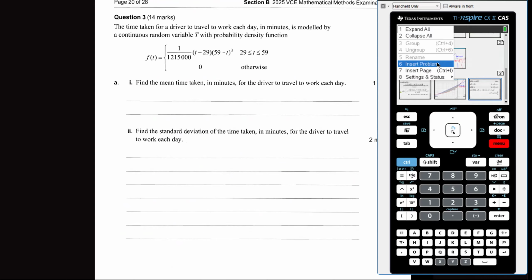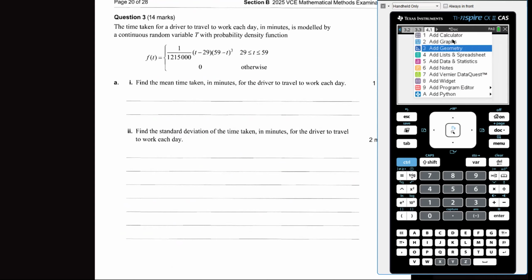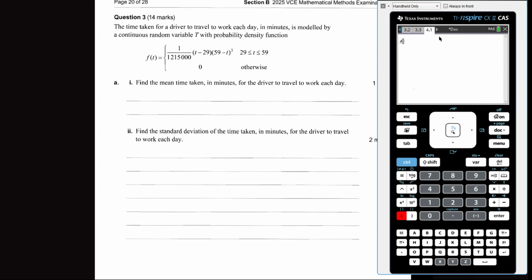Let's have a look. f of t, 1 over 2, 1, 2, 1, 5, 0, t minus 29 times 59 minus t to the power 3. And mean value, just multiply by t from 29 to 59, t times f of t dt, 39.